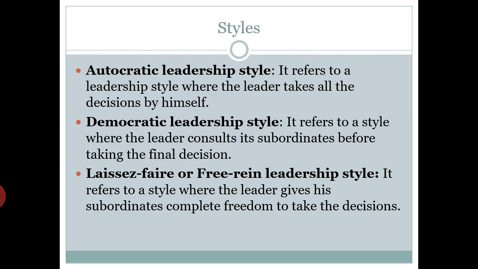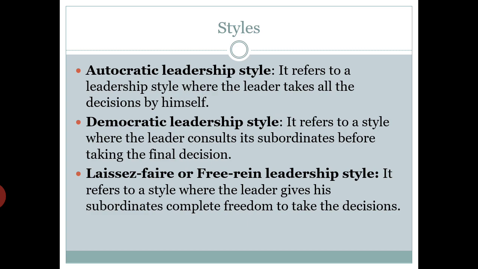So see, the first one, autocratic: all the powers and all the rules are centralized, that is, the leader or the manager himself takes all the decisions. Second, democratic leadership style: with active participation of the subordinates, decisions are finalized.